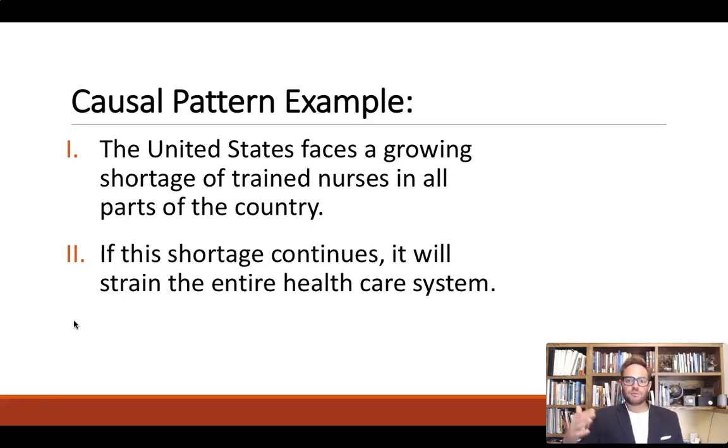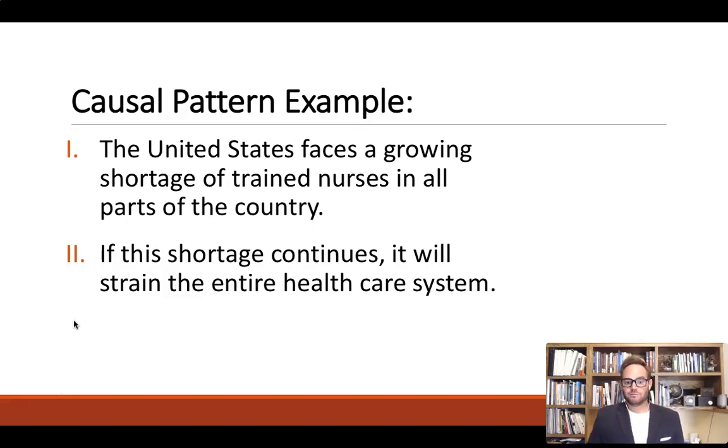And then under these main points is where we're going to really spend time fleshing out these main points. So the United States faces a growing shortage of trained nurses in parts of the country. Under that main point, we might be answering questions, well, what's causing this shortage of trained nurses? Maybe it's access to education.